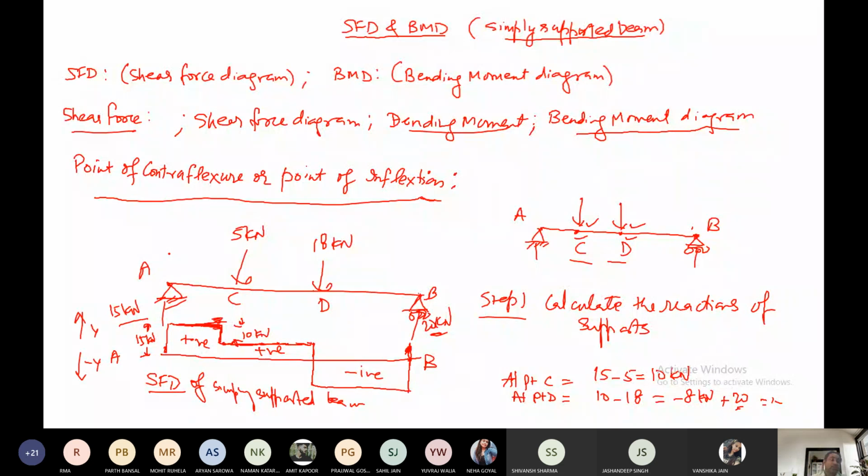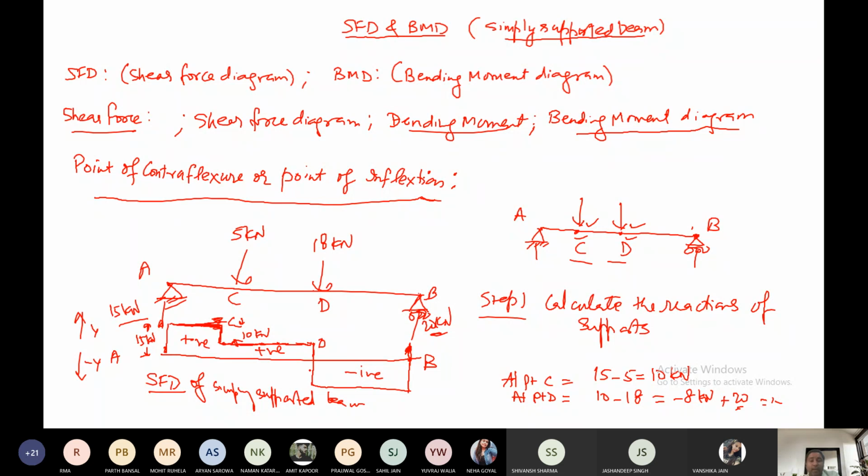That's why I have written in the definition: graphical representation of shear force, in which the y-axis represents the shear force and the x-axis represents the position of the section. These points are A, C, D, and B. So this is how you make the shear force diagram for the simply supported beam.